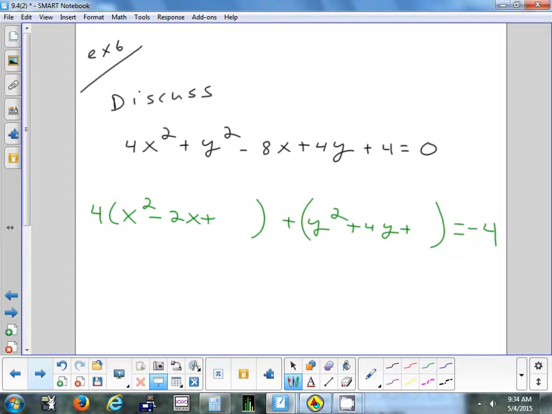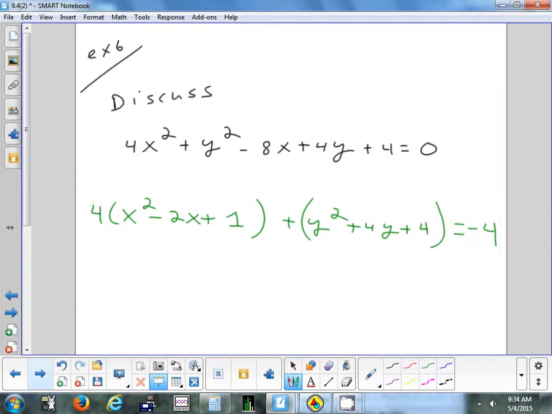Just make sure you include the negative when you take half of it. Now when you square it, yes, the negative is just going to go away anyway. So we take half of negative 2, which is negative 1, square it, and negative 1 squared is 1. Okay, so perfect. Do the same thing here. Take half of 4 is 2, and square it. You get 4.